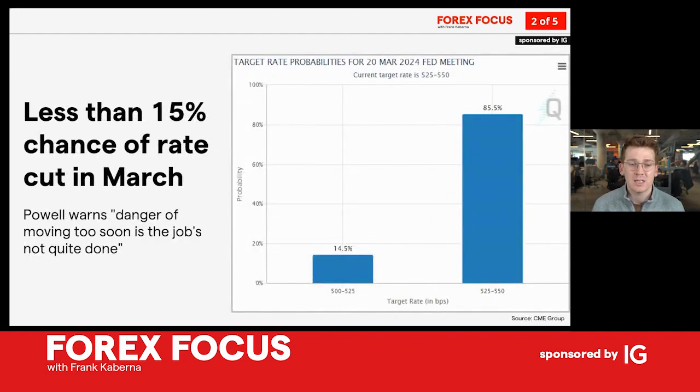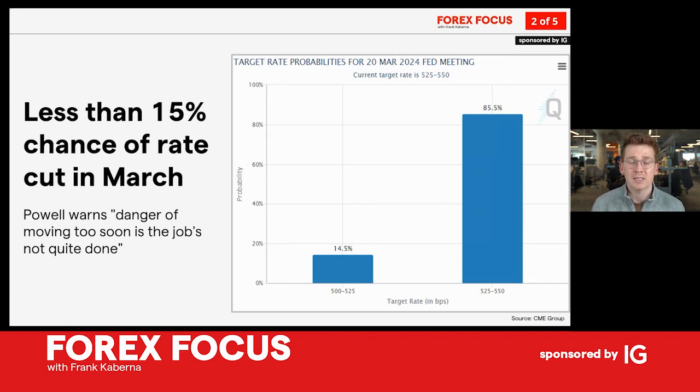You may have seen that the projection for the March meeting has gone from, a month ago, a greater than 50% chance of a cut, the first cut from the Fed since the pandemic, to around 50-50 about a week or so ago, to now less than 15% chance of that first rate cut coming in March.